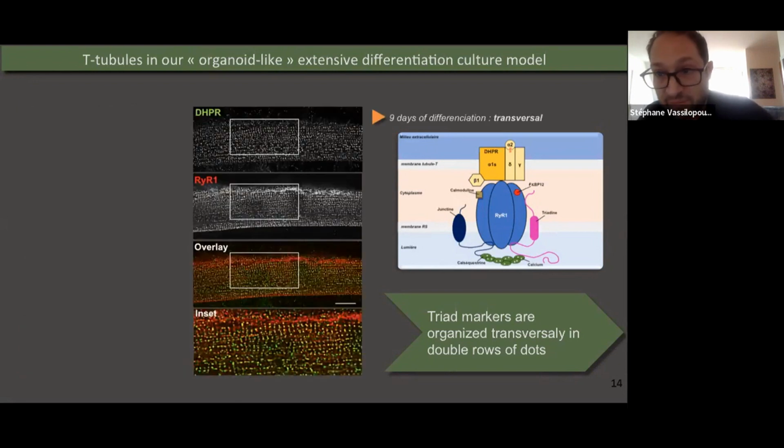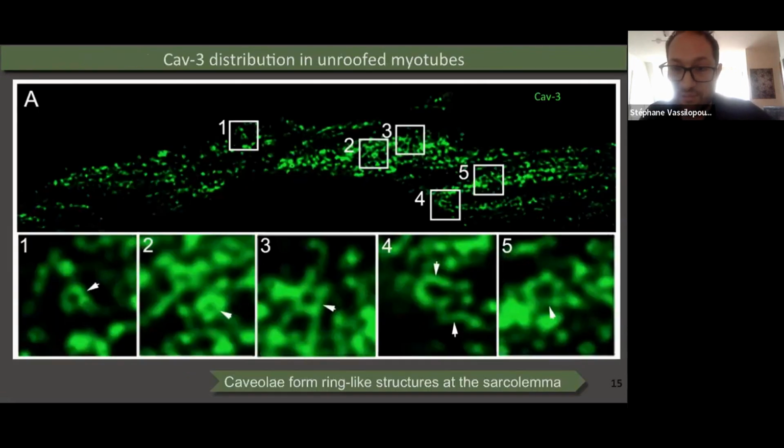If you do the same experiment, but now you let these myotubes differentiate for 9 or 10 days with matrigel and supplementation with agrin, now these triads are starting to organize themselves, and the DHPR and the ryanodine receptor are both forming these double rows of dots. So this is almost like a proxy for high differentiation of these compartments.